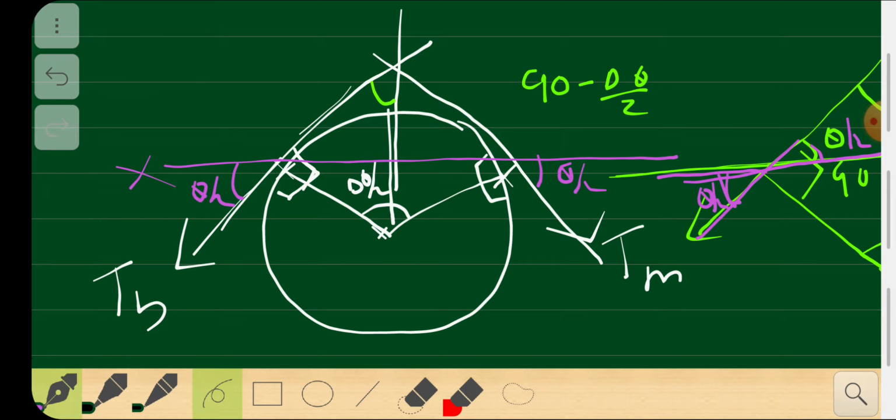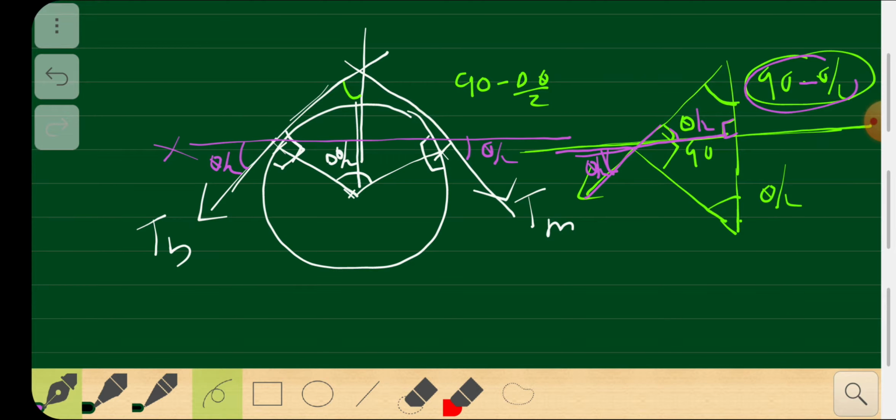Tension can now be resolved into two components: tension of the buoy in the x-axis and y-axis, and tension of the mass in the x-axis and y-axis. If you take that tension triangle, I'm going to draw the tension here.